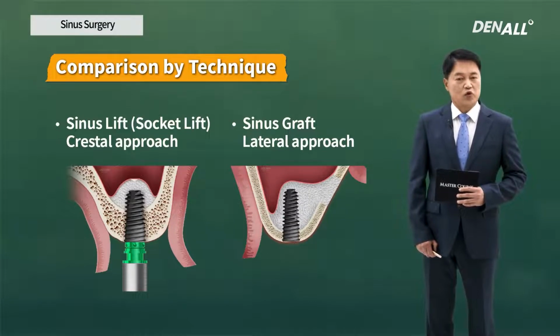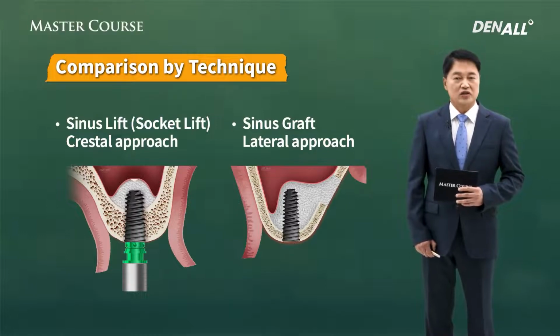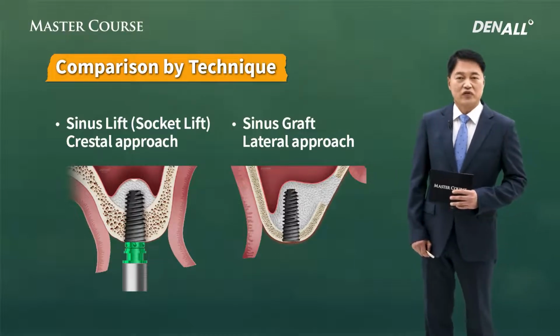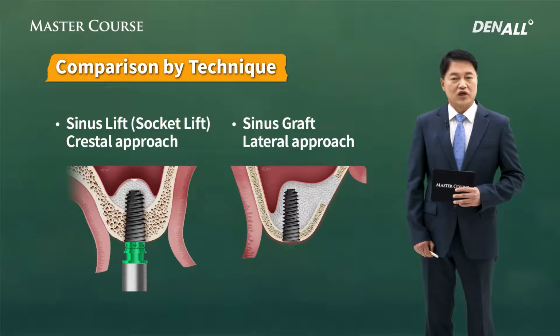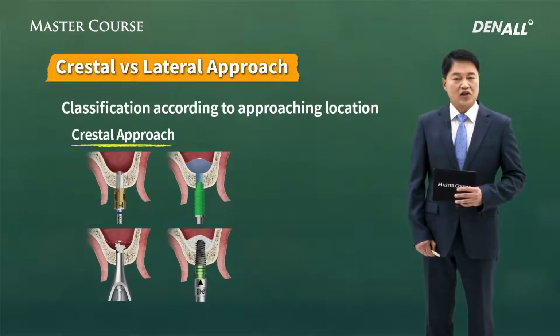The crestal approach refers to socket lift or sinus lift, and lateral approach sinus surgery refers to sinus graft. In other words, depending on where you approach it, you can call it crestal approach or lateral approach. Crestal approach, you approach the sinus crestally.